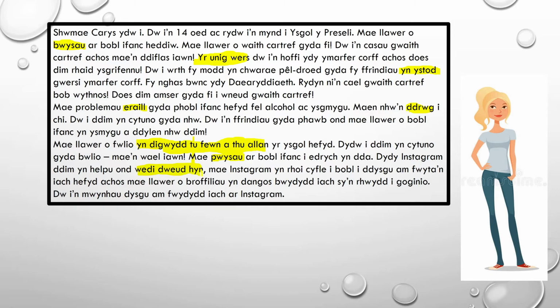Having said that, and dangos is to show. So there are profiles out there on Instagram showing healthy foods, which are easy to cook. Herself, now her opinion about Instagram is, dwi'n mwynhau dysgu am fwydydd iach ar Instagram. So that is Caris.